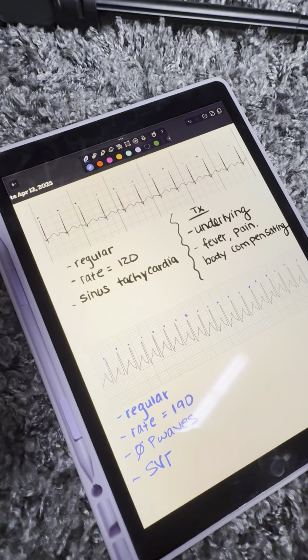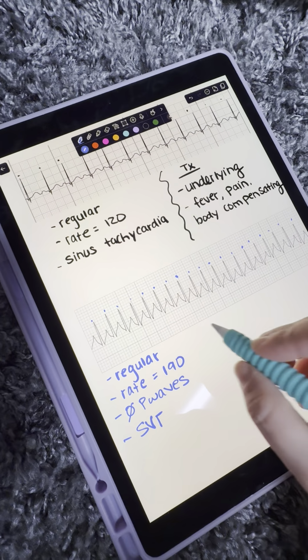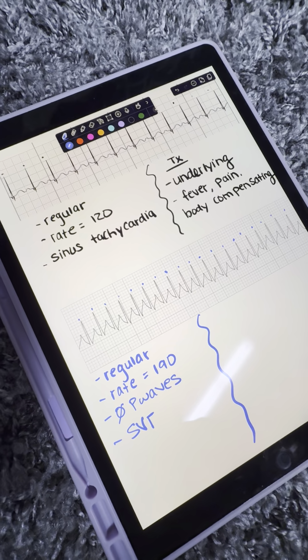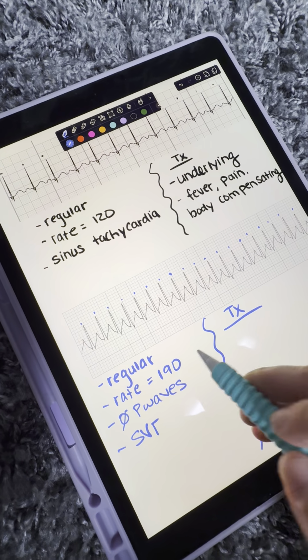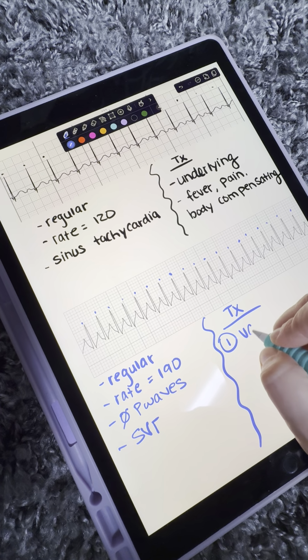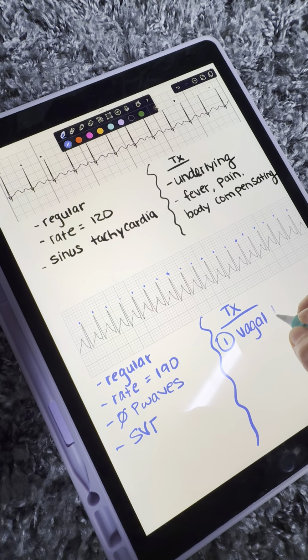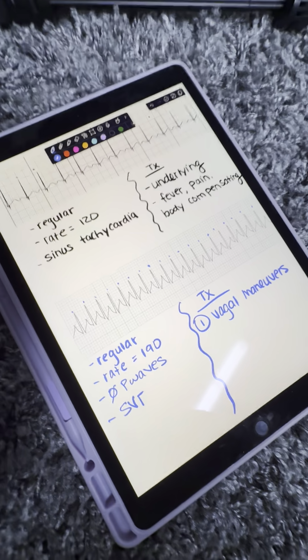So going back to this, what are we actually going to do about this? Okay, so you will see this in senior proficiency. There is one patient that goes into this. So initially what we're going to do right off the bat, number one thing we're going to do are vagal maneuvers. And you have to be very specific when you tell a patient to do this, okay?